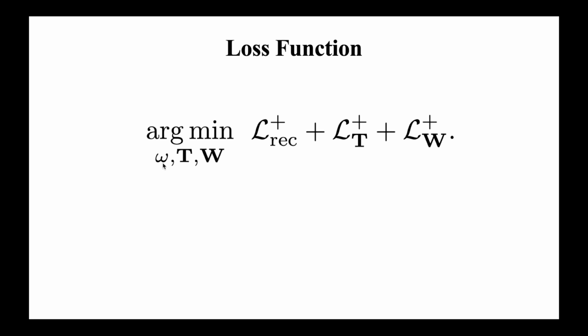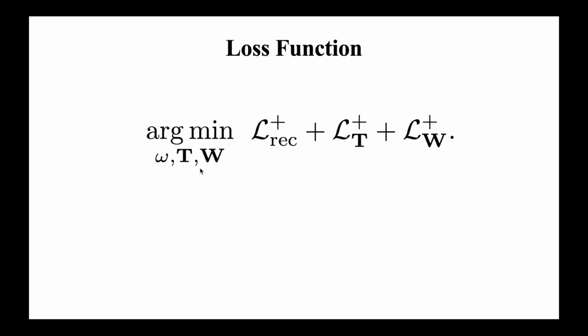So this W here is the parameters in the first module which describes the planes, and the T here is the parameters used in the second module to group planes together into different convex sets and to tell whether a point is outside or inside the convex set. The capital W here is the parameters used in the third module to tell whether a point is outside or inside the final polygonal mesh.